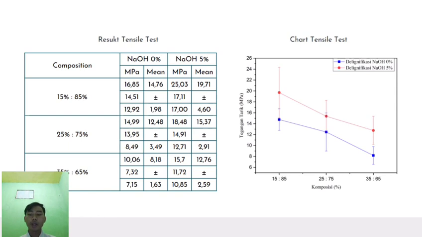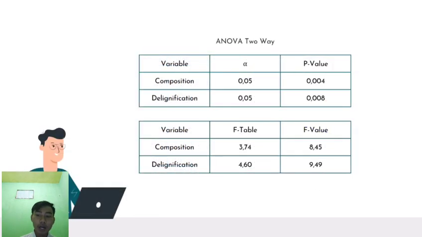ANOVA two-way. For the composition and delignification process variables, the p-value is smaller than alpha and the F value is bigger than F critical.